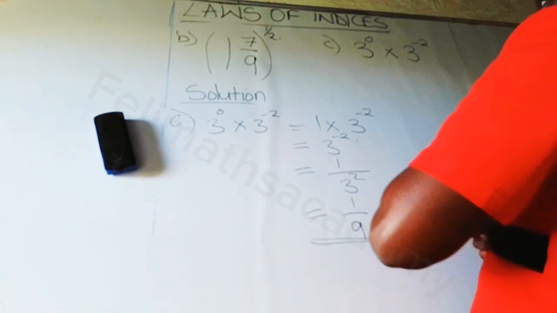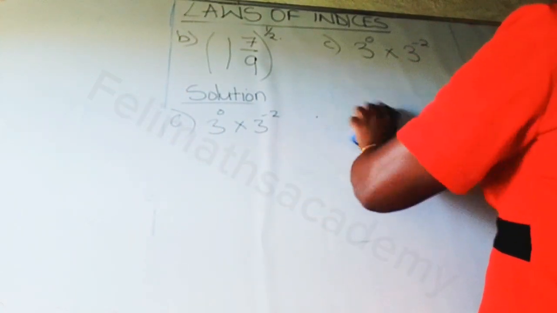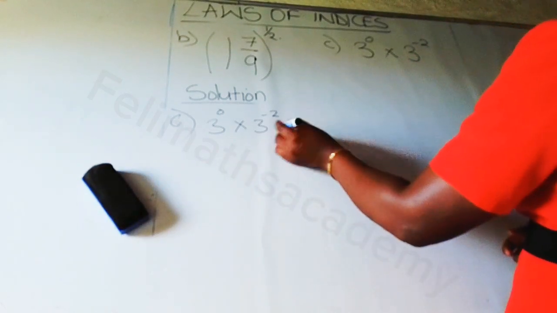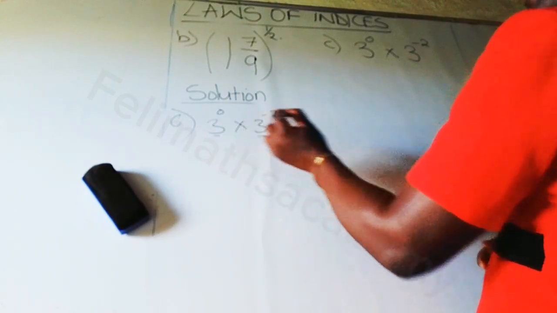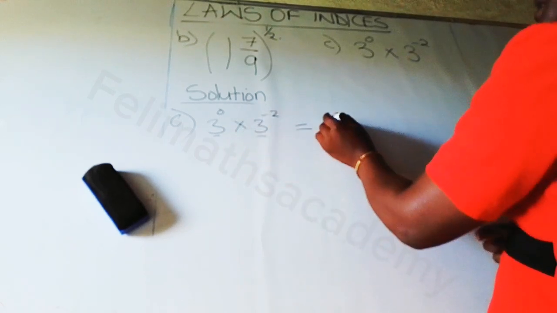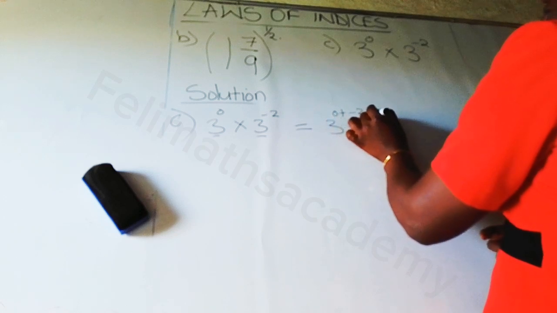Or we can solve it this way, some other way. We are multiplying, and these bases are the same. We have 3 there, 3 there, and we are multiplying, so it's 3 to the power this plus this: 0 plus minus 2.